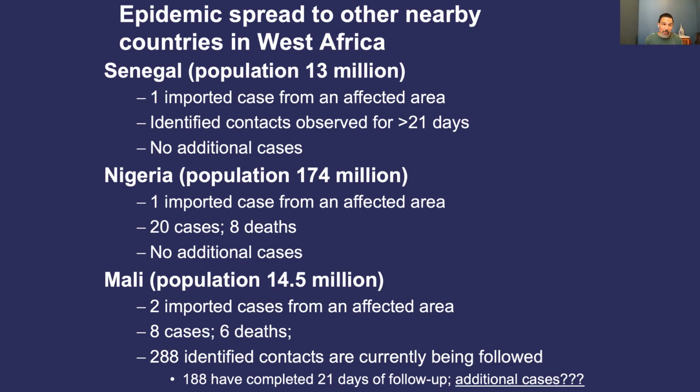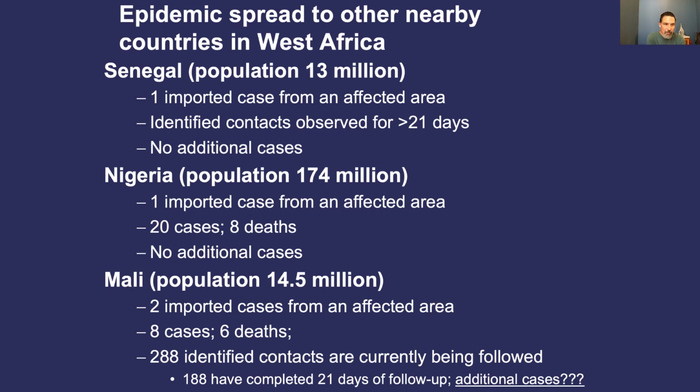In addition to those three countries in West Africa, the epidemic did spread to other nearby countries. So in Senegal, which has a population of about 13 million, there was one imported case from an affected area, and they identified contacts and observed them for 21 days and didn't see any additional cases.